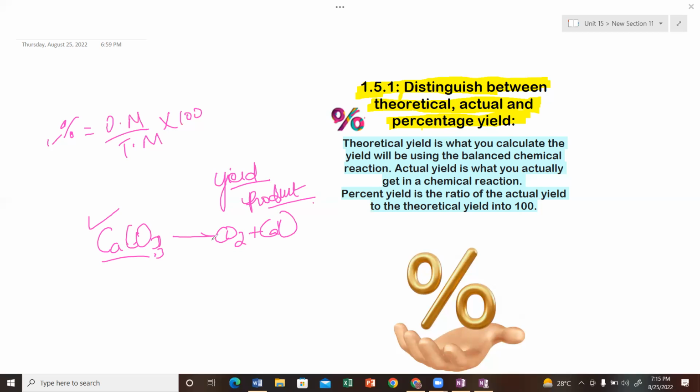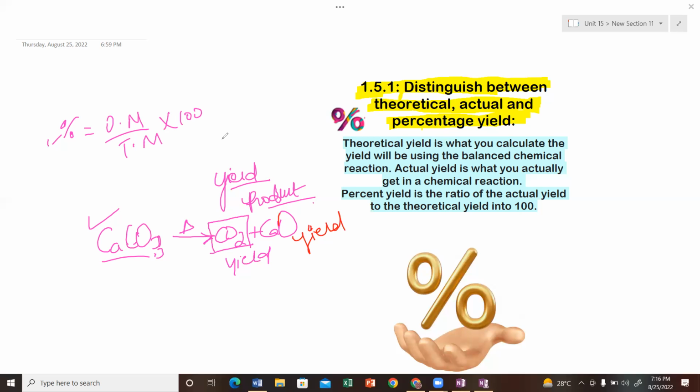So if I heat calcium carbonate, what amount of carbon dioxide would be produced? If that is my concern, then the yield is carbon dioxide. If my concern is what amount of calcium oxide would be produced, now my yield is calcium oxide. So the product which is under concern is known as yield.